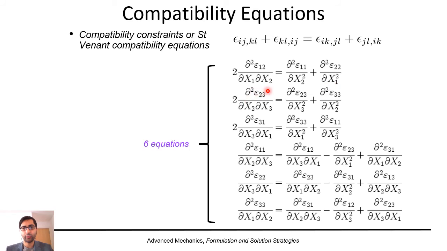The same we have for epsilon 2,3 and epsilon 3,1. And for partial to epsilon 1,1 over partial x2, partial x3, we get partial to epsilon 1,2, partial x3, partial x1, minus partial to epsilon 2,3, partial x1, and partial to epsilon 3,1, partial x1, partial x2. And we have again the same for epsilon 2,2 and epsilon 3,3. So in some of the solutions, you have to enforce these equations as well, so you make sure that you get a unique solution for your problem.